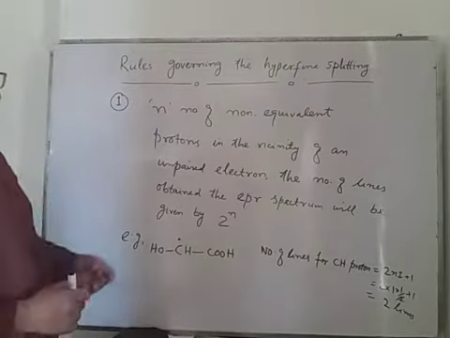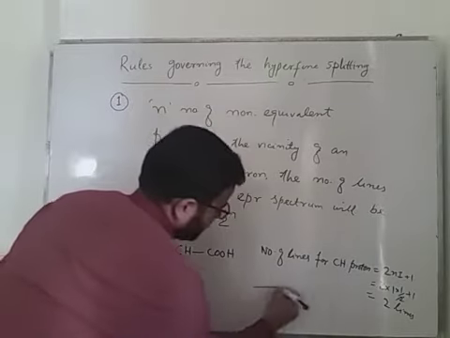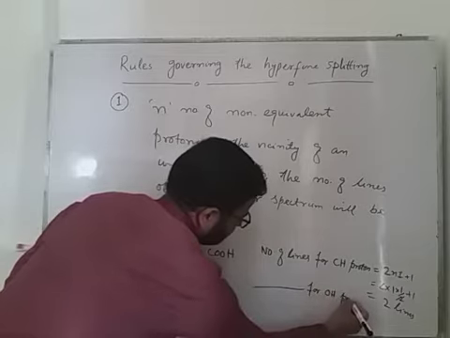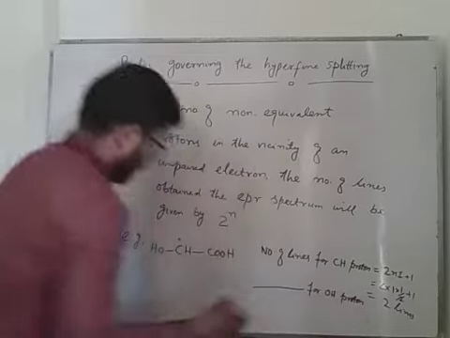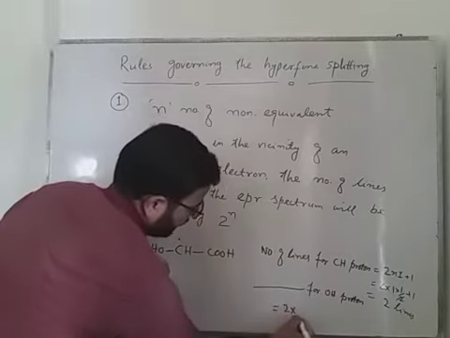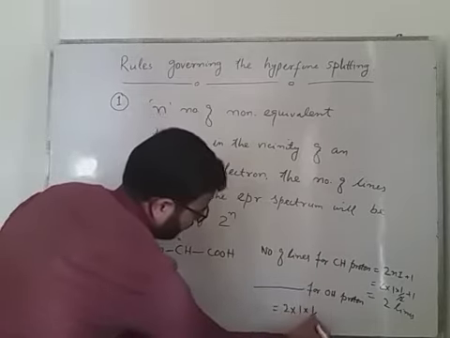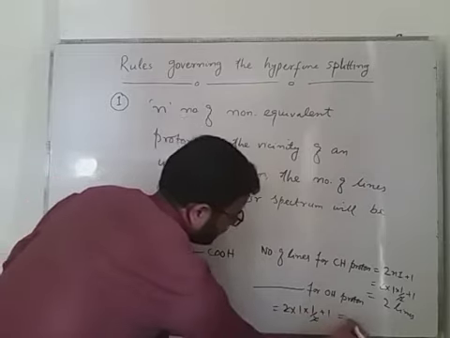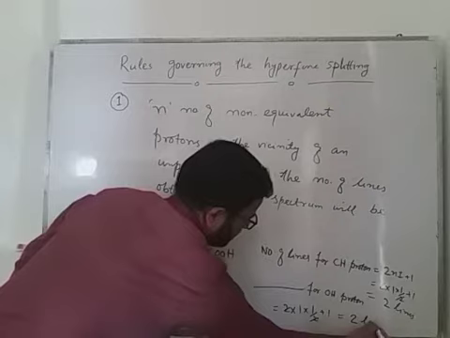Similarly, the number of lines for the OH proton is again 2 into 1 into 1 by 2 plus 1, and it again comes as 2 lines.